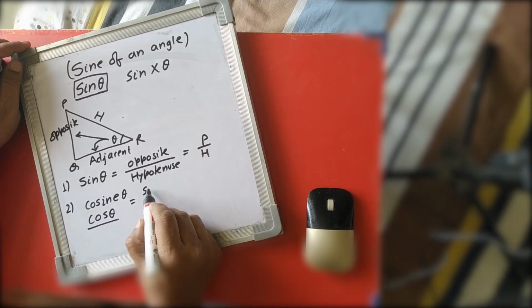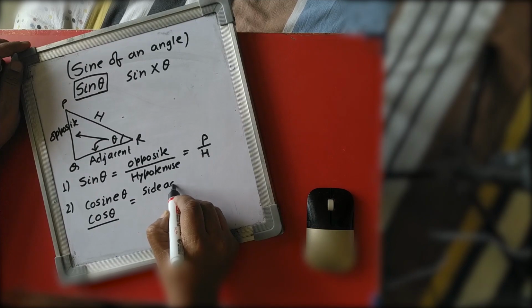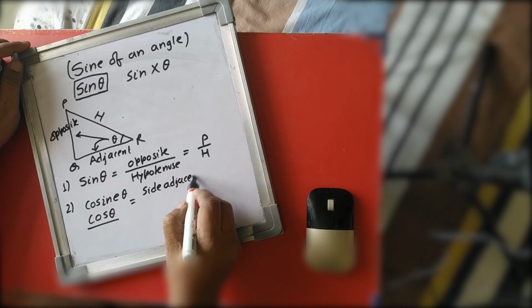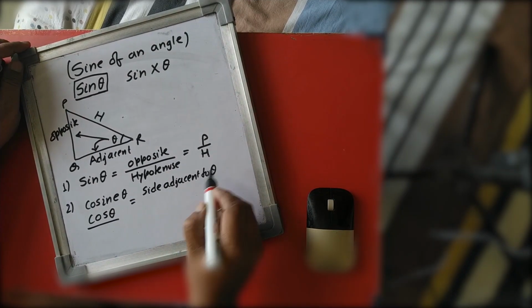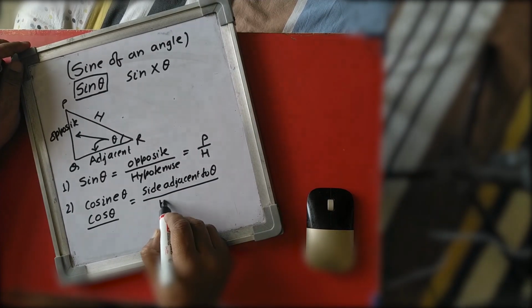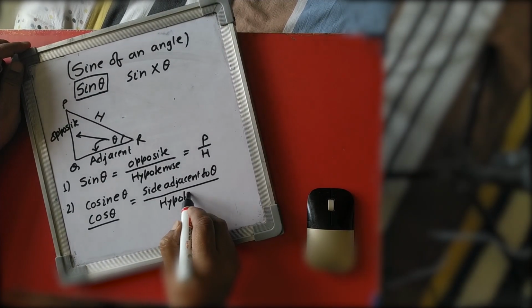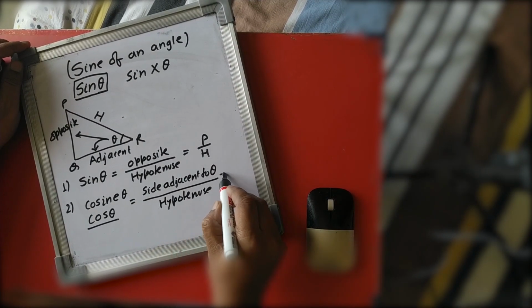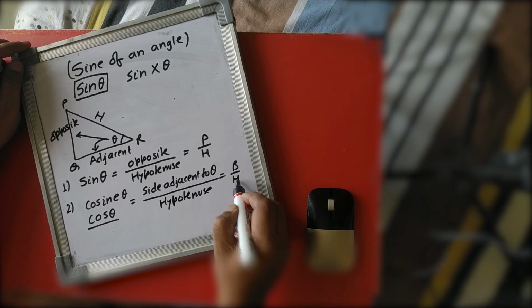Cos theta is the side adjacent to theta upon hypotenuse. So this will be base upon hypotenuse.